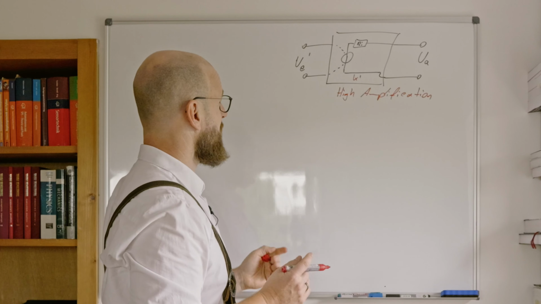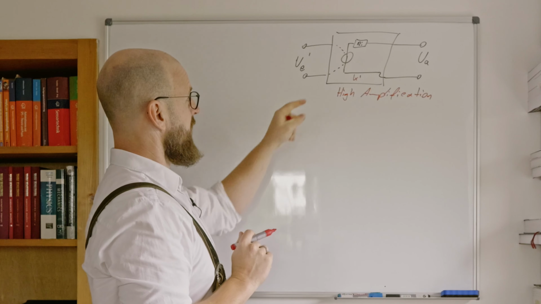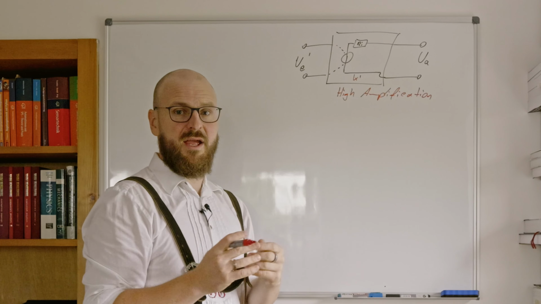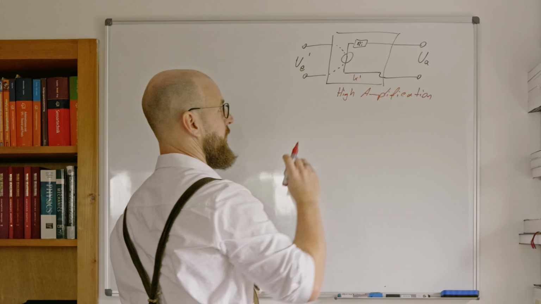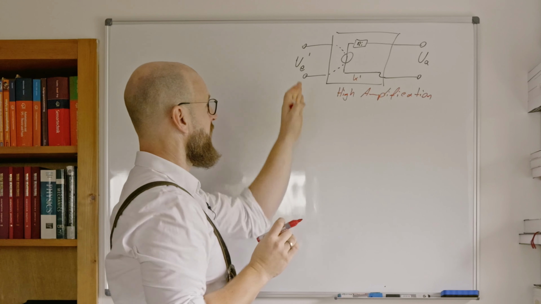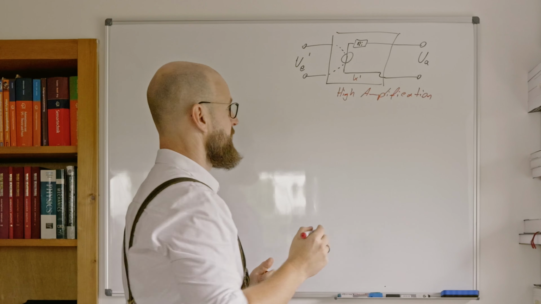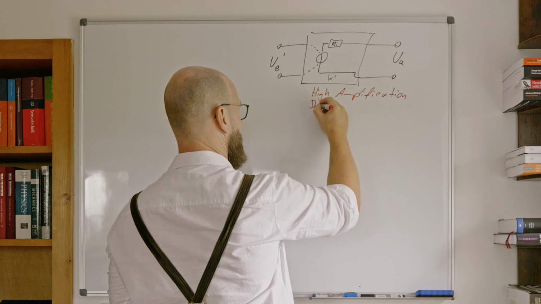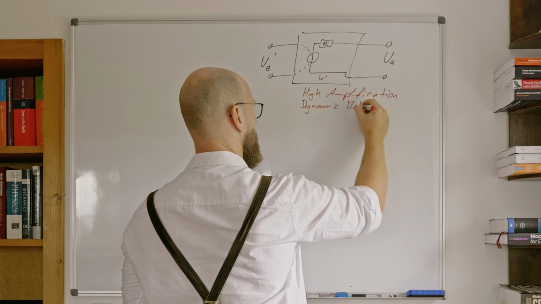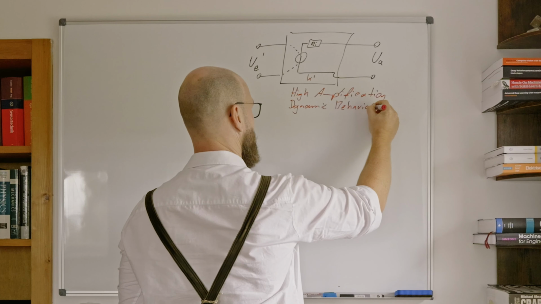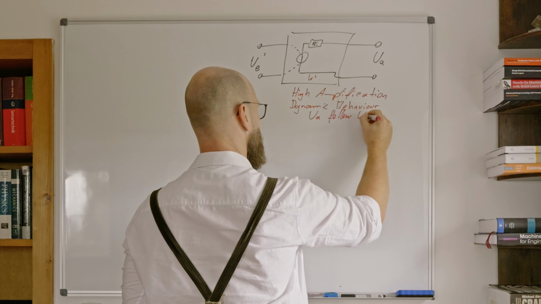Moreover, we want a behavior within the amplification which tells us that the output voltage really exactly follows the input voltage in any dynamics, in any flexibility. So we want to have a dynamic behavior, meaning UA follows UE exactly.